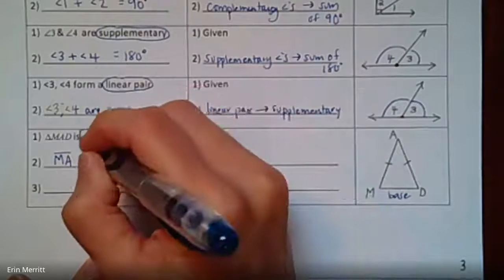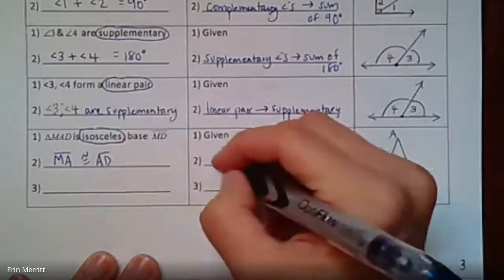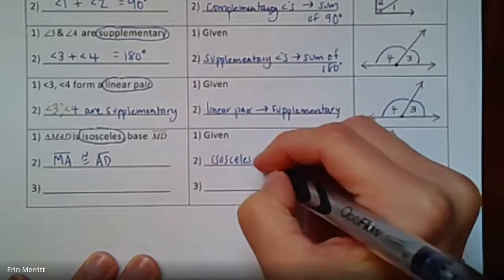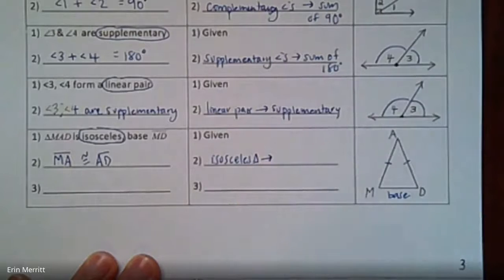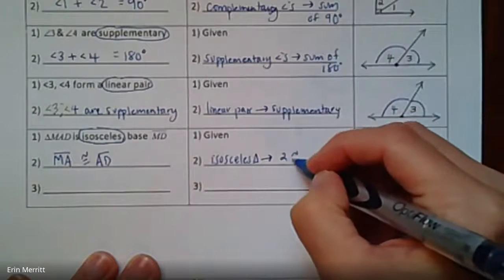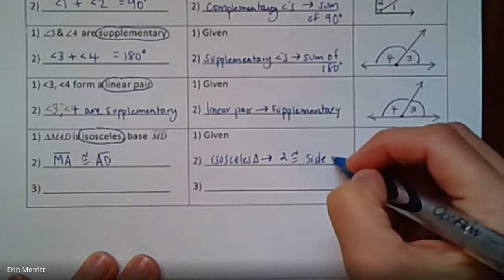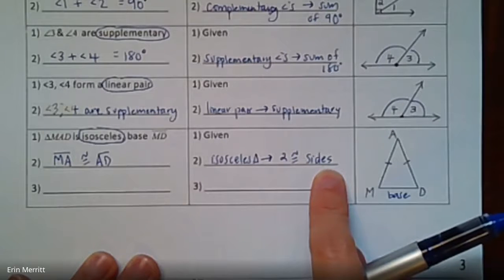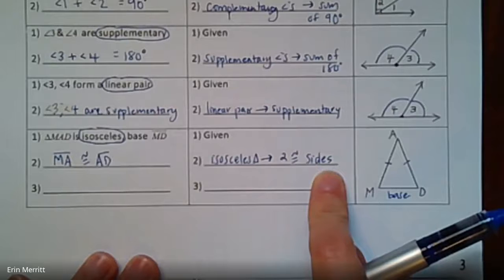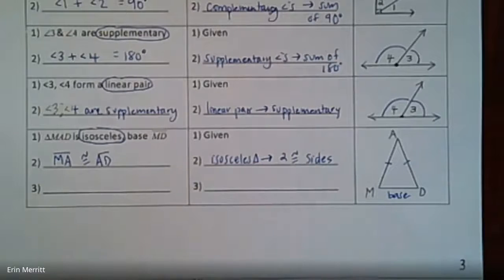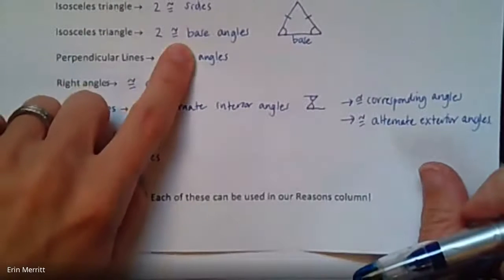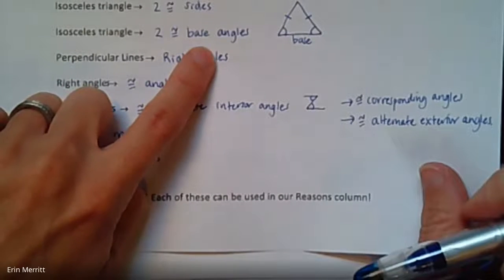And now here's where we get to use our vocab, because isosceles implies, or you can write inside isosceles triangle, implies two congruent sides. And now if you wrote two congruent segments, sure, perfectly fine. All right, sides, segments, all the same difference. There was a second thing that went with isosceles, the fact that the base angles are also congruent.